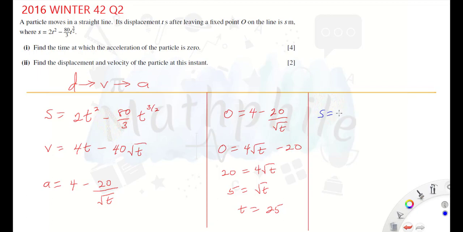The displacement function s is equal to 2t squared minus 80 over 3 t raised to the power 3 over 2. I substitute 25 over there. So s is going to be equal to 2 multiplied by 25 squared minus 80 divided by 3 of the square root of 25 whole cube.